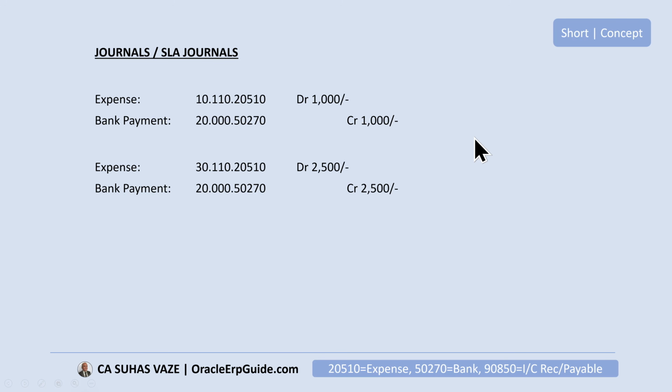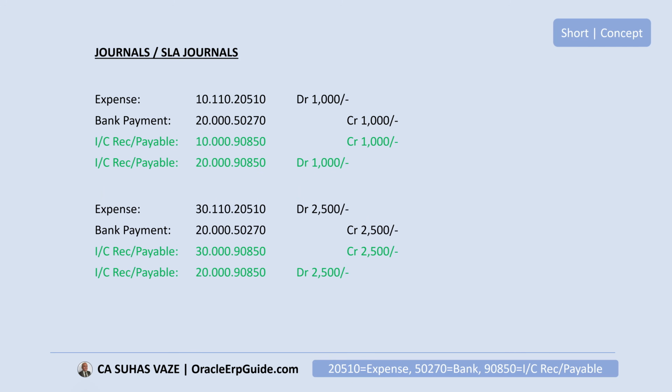That is why when we enable the intercompany accounting, such lines are automatically inserted. For example, in the first scenario, company 20 is recording a debit, which means an intercompany receivable, from company 10.